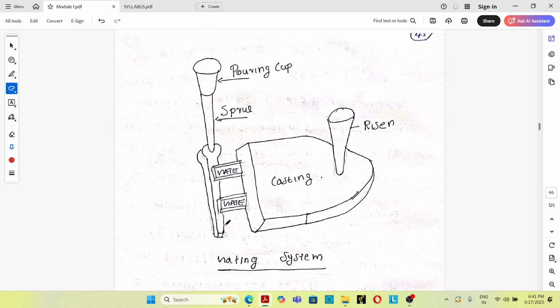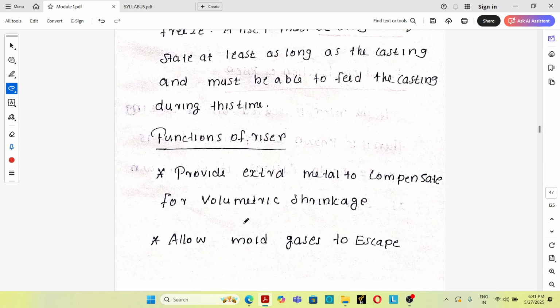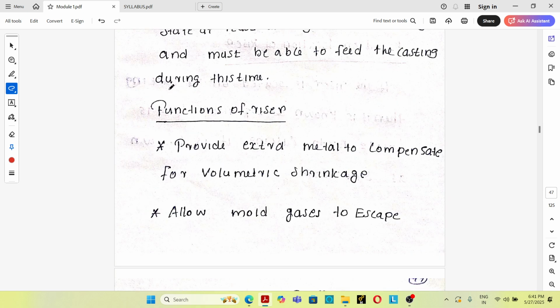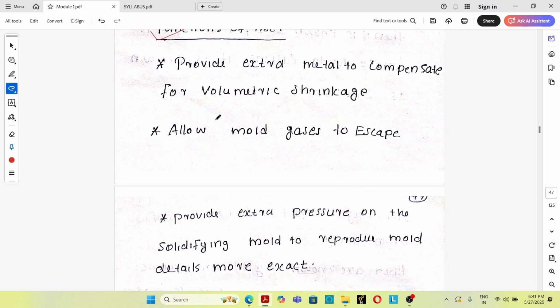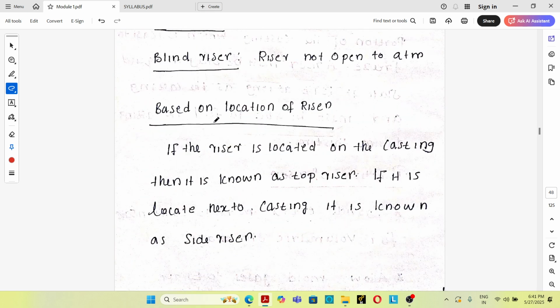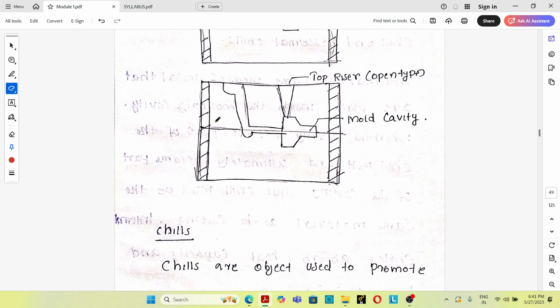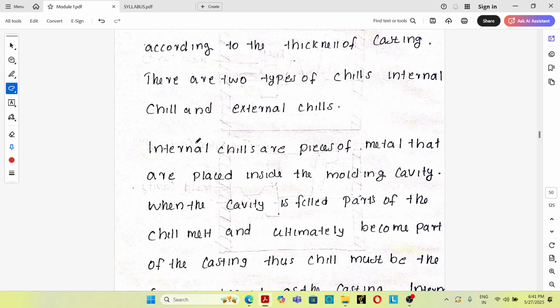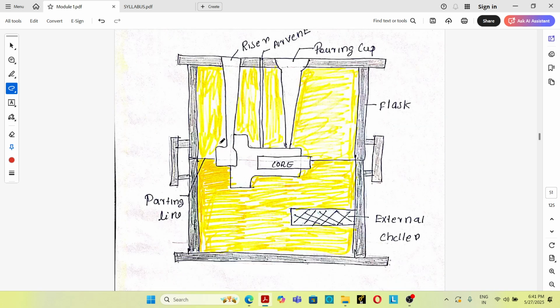This is a figure of the gating system. In that, you have to study deeply the riser type, function, and location of riser, etc., and chillers, classification of chillers, etc. So this is a figure of a sand casting mold.